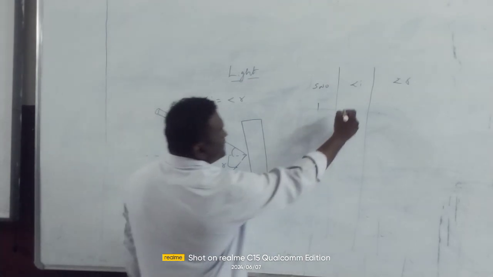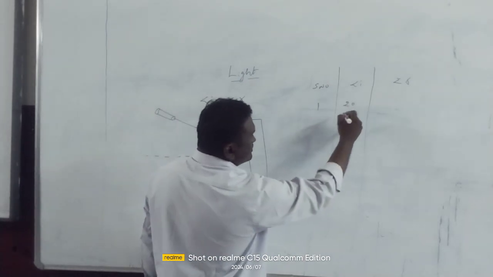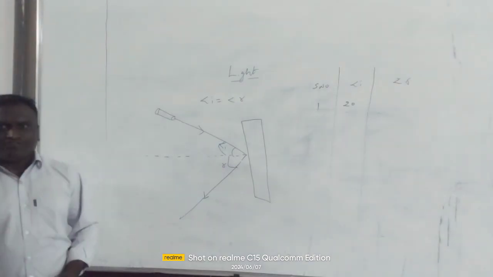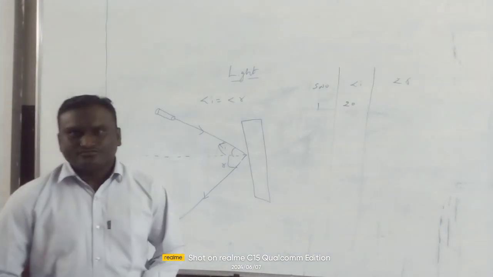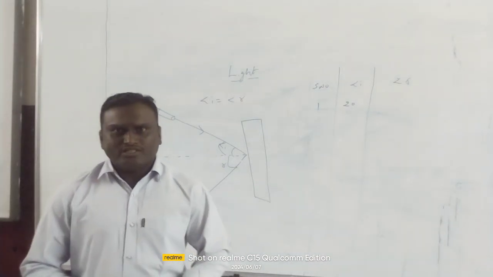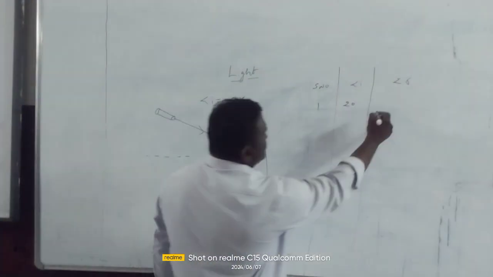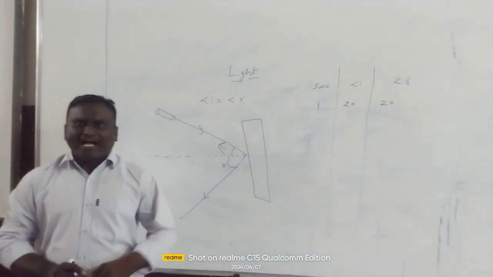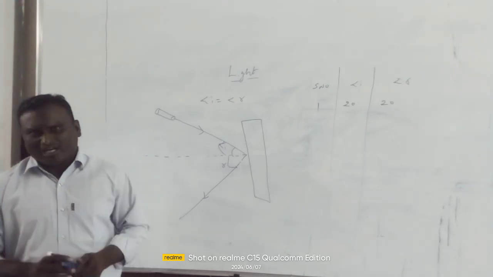Serial number 1: angle of I is 20. Angle of R how much? Angle of R is 20. Angle of I is equal to angle of R.